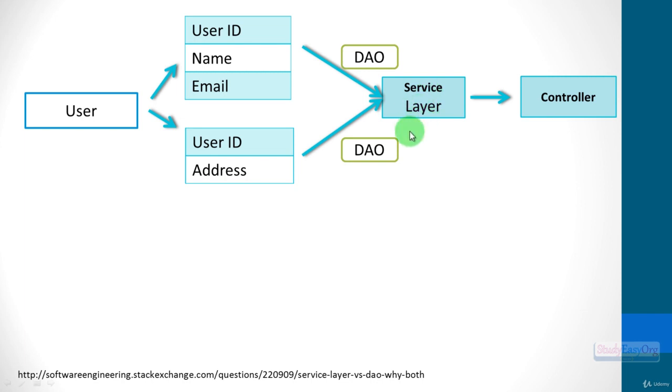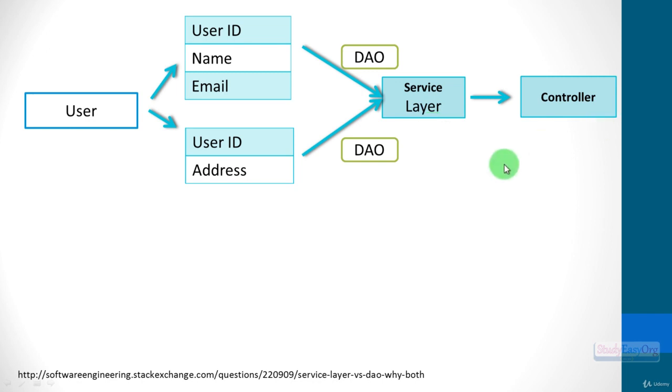This particular service layer will call the DAO methods which will give the service layer the information related to user ID, name, and email address, and based on the user ID which the service layer received, it will again call a DAO method for user ID and address, and then finally the service layer will operate on both of these data sent by the data access object, merging or bundling these two pieces of information into one, and then finally it will return an object of user type to the controller.